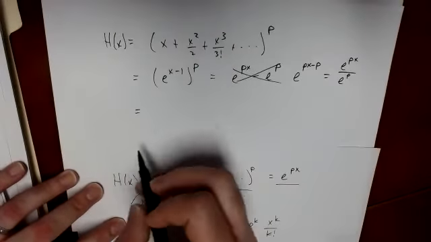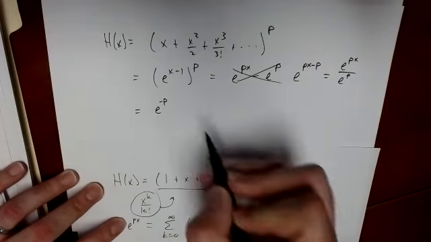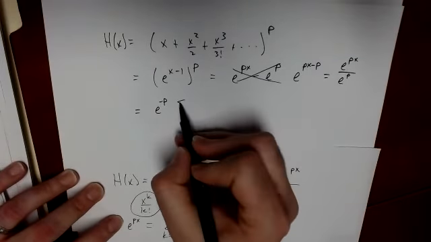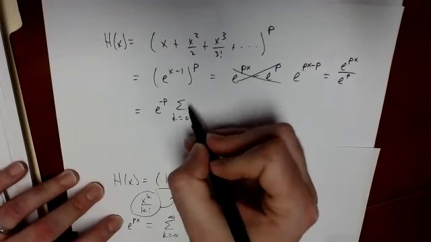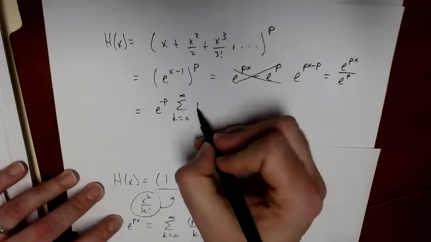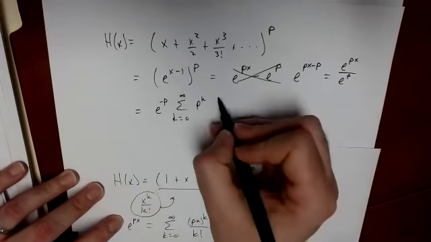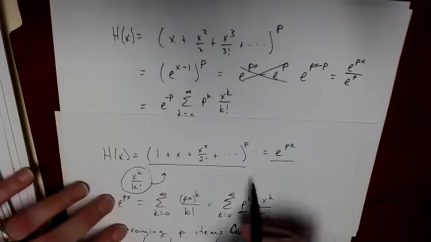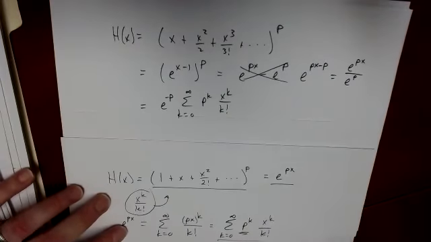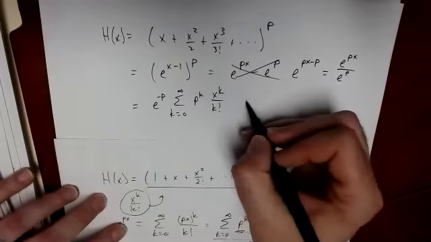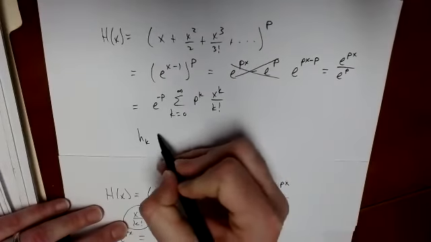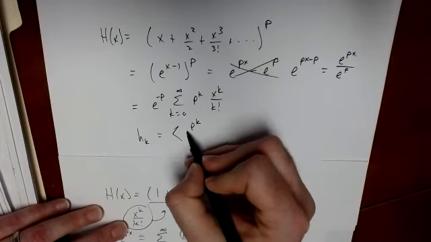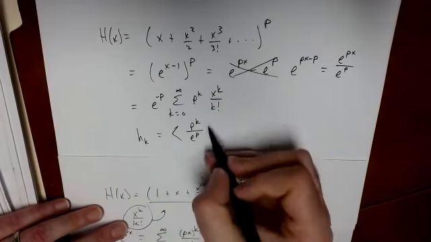So this is equal to e to the minus p times the sum as k goes from 0 to infinity of p to the k, x to the k over k factorial, just using what we had a moment ago. And so this tells me that little h_k here is equal to p to the k over e to the p.